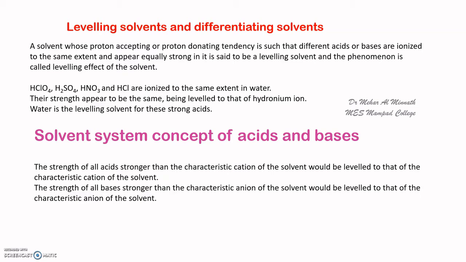Similarly, in the case of a base, if the strength of the base is greater than that of the anion of the solvent, then the strength of all the bases will be leveled to that of the anion of the solvent. So if you take NaOH, the base, the strength of the NaOH is brought to the level of the OH minus of the solvent.